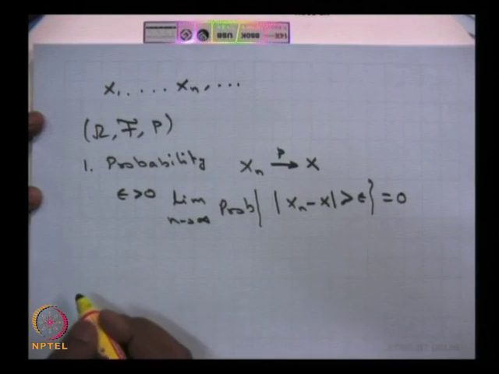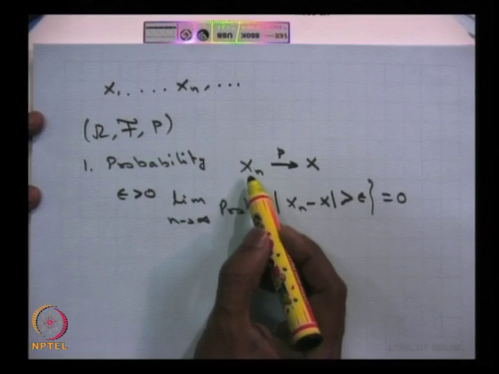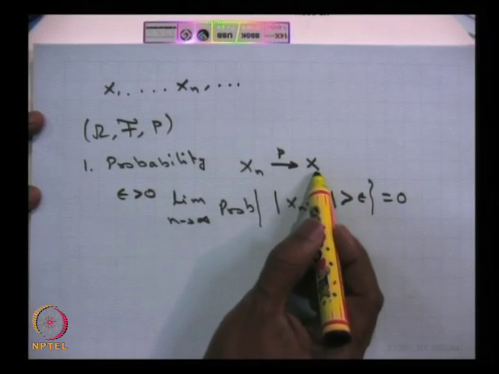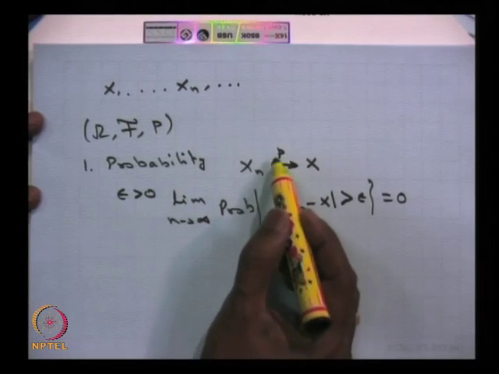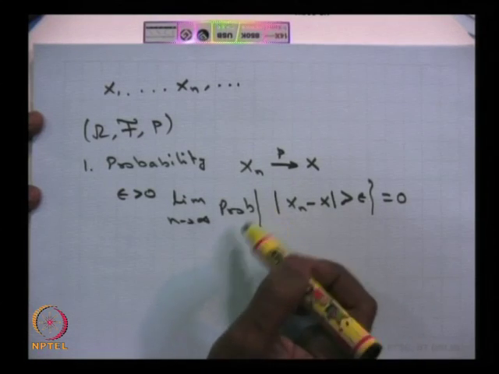If this property is satisfied for any epsilon greater than 0, then I can conclude the sequence converges to X in probability.